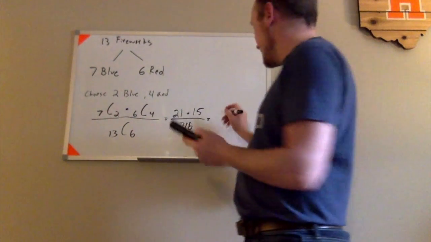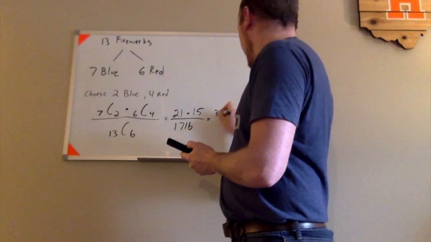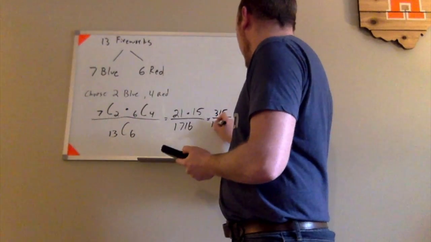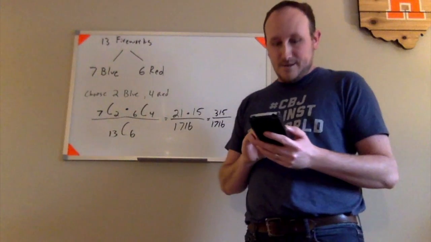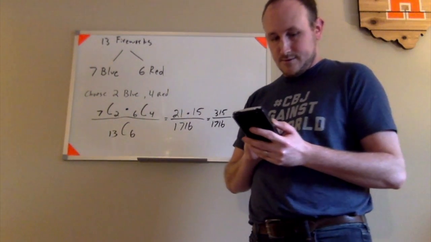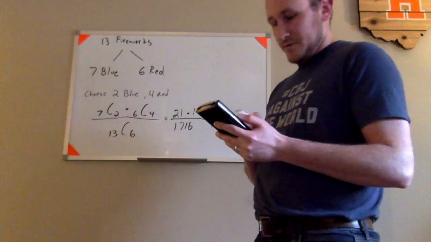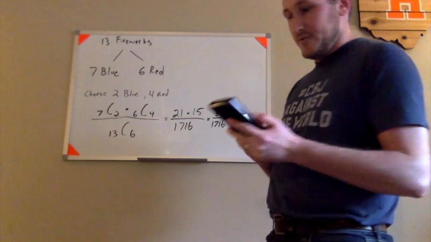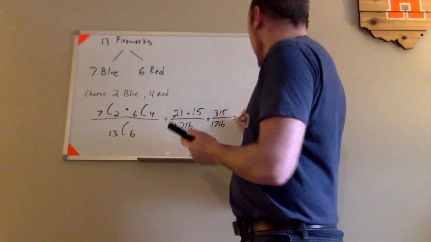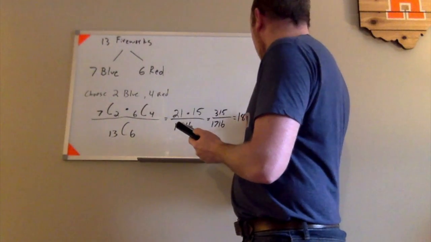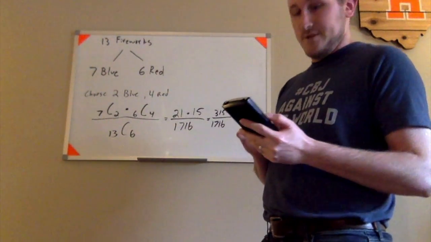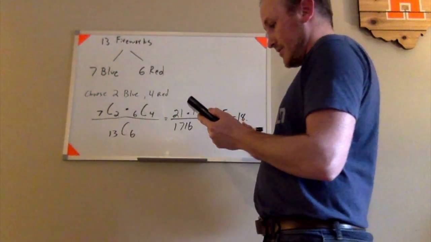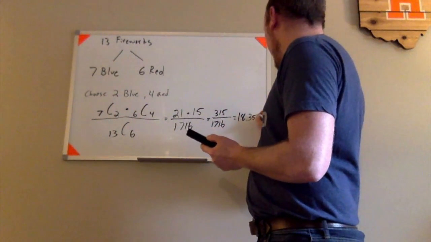Doing my multiplication on the top, 21 times 15 is 315 out of 1,716. Go ahead and divide that, and then multiply by 100 to move your decimal over to convert it to a percentage, and we will get 18 point, I think it asks us to round to 3 decimal places on this, so this would be 18.357%.